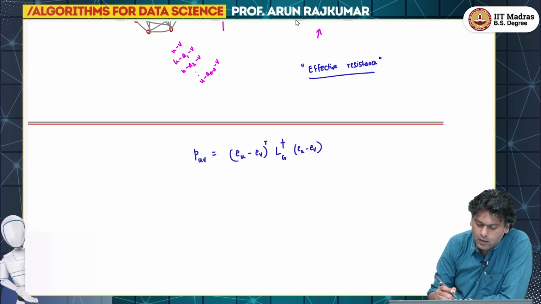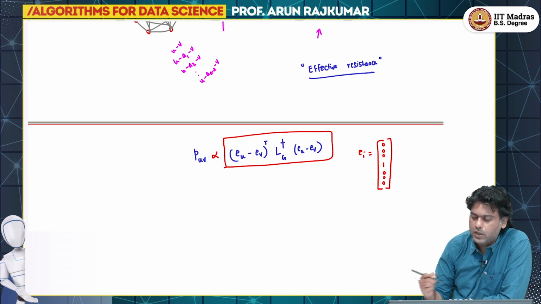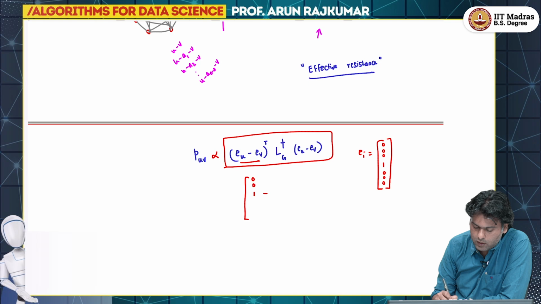This is proportional to this quantity that I have written down here, where EI is just an indicator vector, a characteristic vector for the node I, where you set a 1 in the ith position and 0 elsewhere. So, EU minus EV would then be 0 0 1 in the U position minus 1 in the V position, because there is a minus EV.